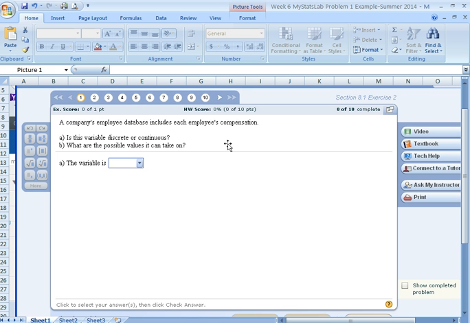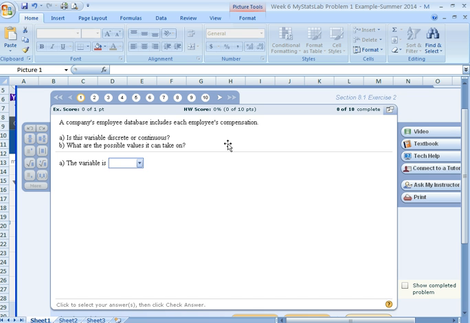So the first part of our question asks us if the variable is discrete or continuous. Well, what do we mean by that? Discrete variables have numerical values that arise from a counting process. So 1, 2, or something like that. Continuous variables produce numerical responses that arise from a measuring process.